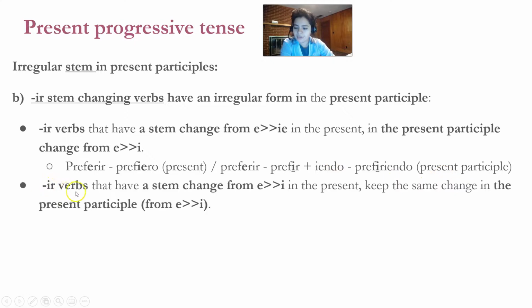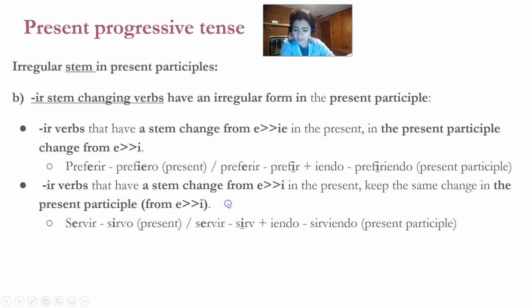Then in IR verbs that have a stem change from E to I in the present, they keep the same change in the present participle. Servir, sirvo. So in the present participle, the stem change from E to I continues to happen. So sirviendo.